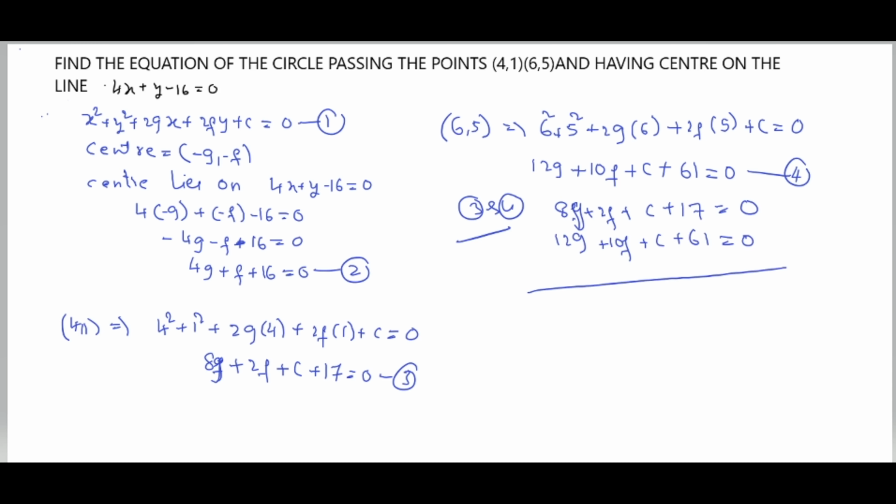Subtracting these two, c cancels. 8g minus 12g, that is minus 4g, 2f minus 10f, that is minus 8f, 17 minus 61, that is minus 44 is equal to 0. So minus common and cancel, that is 4g plus 8f plus 44 is equal to 0. This is the fifth equation.